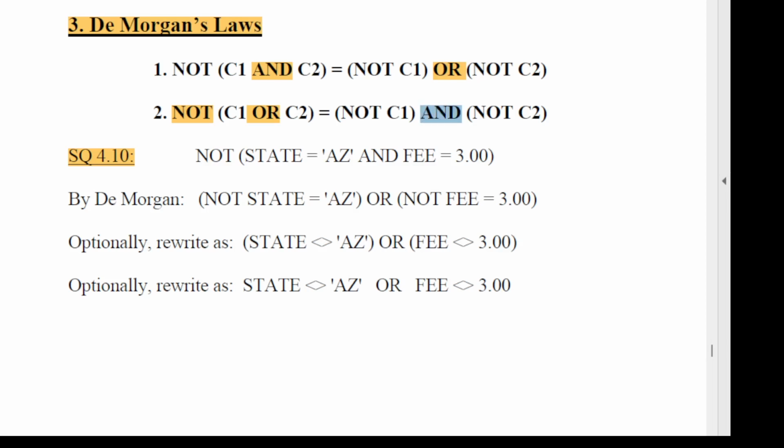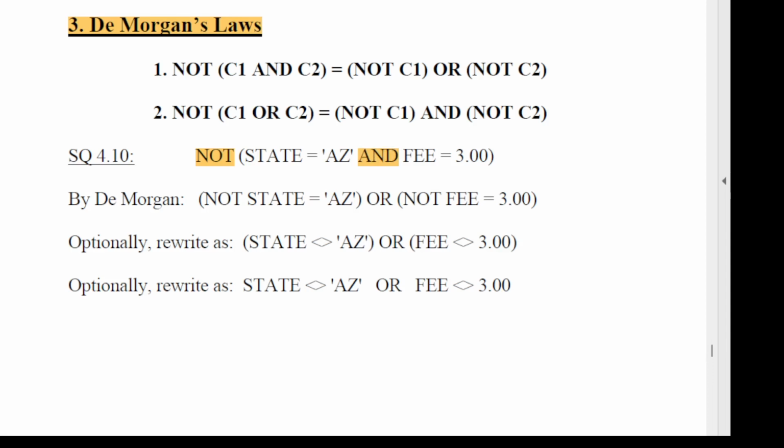So there's really two laws that fall into the category of De Morgan's laws. So let's see what we're going to do here. In sample query 4.10, we had NOT in front of a compound condition where the first condition was AND connected to the second condition.